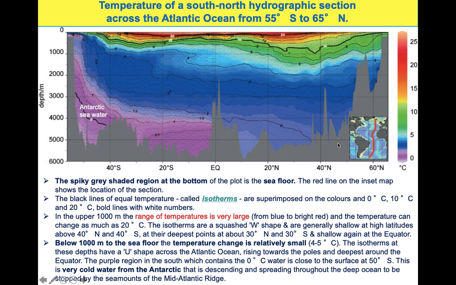So imagine that we're taking a hike right along this red line across the Atlantic Ocean, all the way from the south on the left to the north on the right hand side.